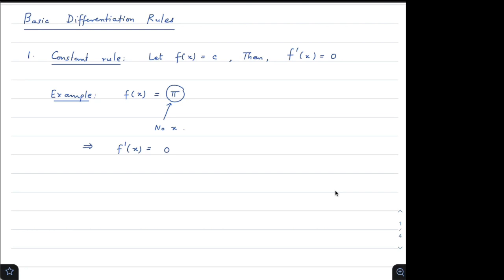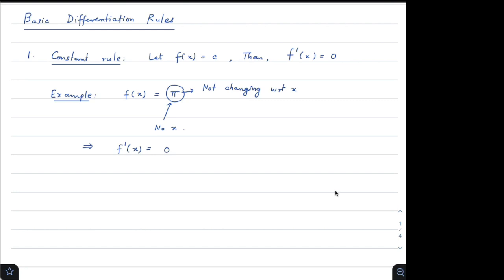Why is that? Because derivative is the instantaneous rate of change of a function, right? Here your function is not changing with respect to x. It's fixed, it's a constant. Therefore, the instantaneous rate of change of this function with respect to x is 0. As a result, you can say that its derivative with respect to x is 0.